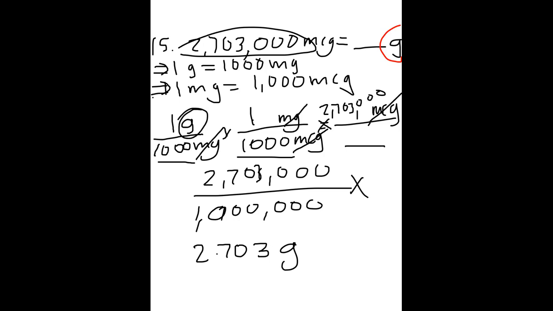This one says to convert the following units by using the method that you prefer, either moving the decimal, using dimensional analysis, or using ratios and proportions. Okay, so let's do number 21. It says 2 kilograms is equal to how many milligrams?